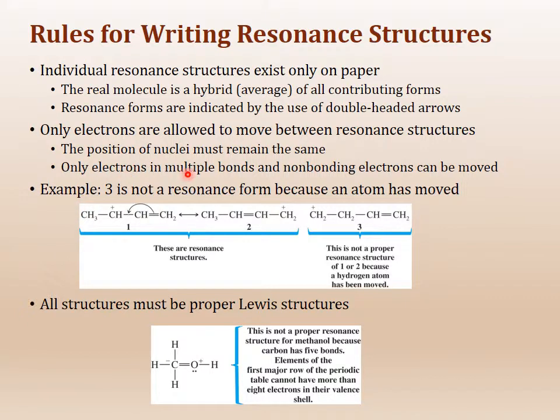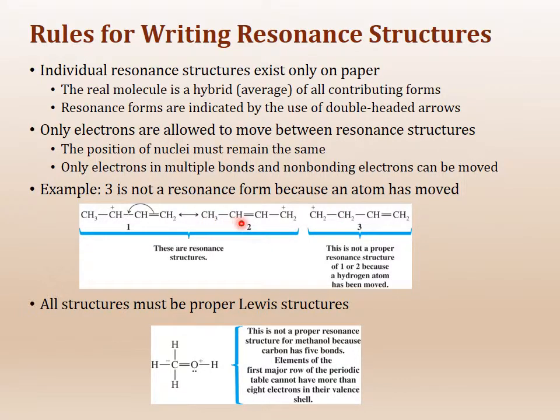So only move electrons, which again is a negative charge or a double bond, whatever it is, okay? And so if you look at this example over here, the third one here, this structure, okay, this is not going to be a resonance structure, because if you look at this one, the third one, and compare it to the second one, an atom has moved from CH3 over here to a CH2 over here.